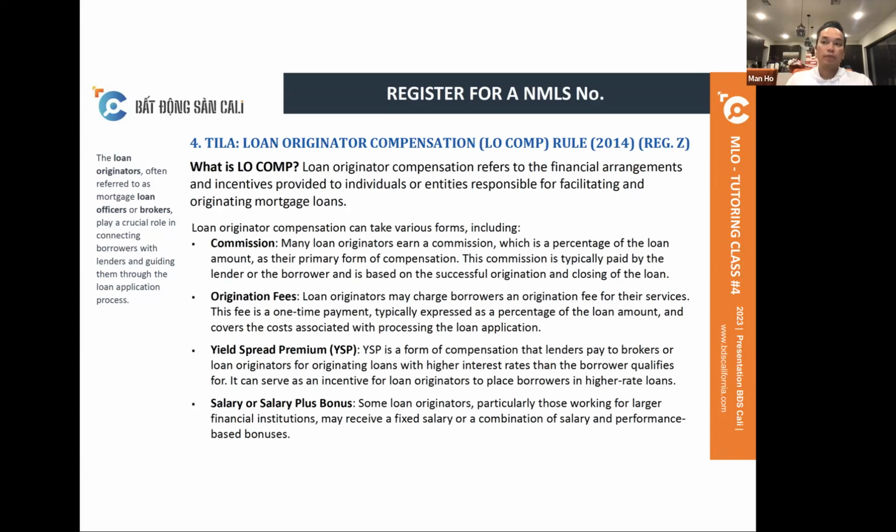So, for example, there's a program A offered to the borrower. Say, if you take program A, you're going to get an interest rate of 5%, and you probably only pay $500 in fees.